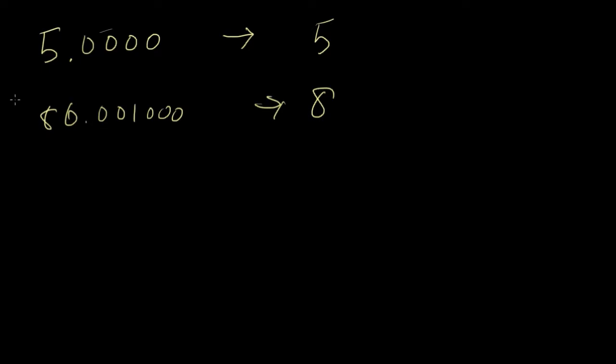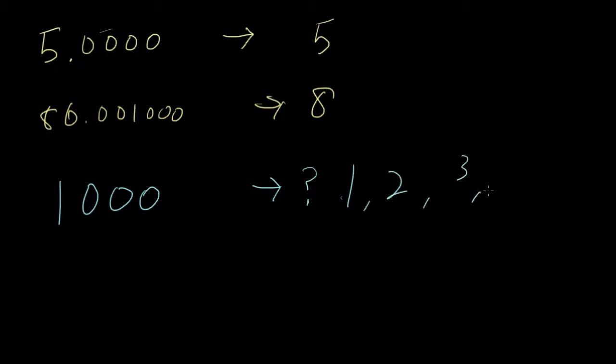However, trailing zeros like this, just 1,000, we don't know. Now, how am I telling you we don't know? Well, because we don't know. It may have 1, it may have 2, it may have 3, or it may have 4. It would depend on what instrument was used to measure this. If this 0 is an estimate, then it's 4 significant figures.